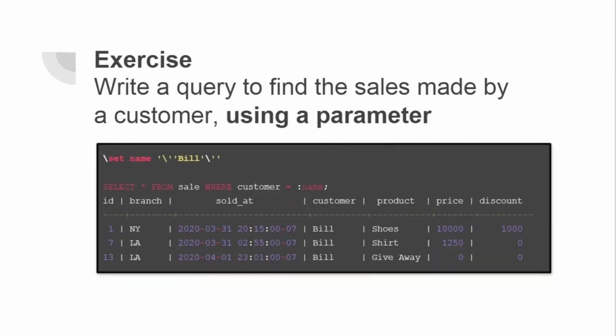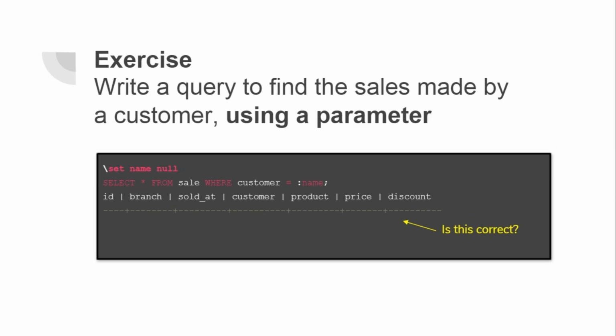So if we set the name to bill and we try to select from sale where customer equals name, you get the expected results, right? If you try to do the same thing with null, you can see that set name null means that we now set the variable called name to null, and we try to fetch where customer equals name, we get nothing.